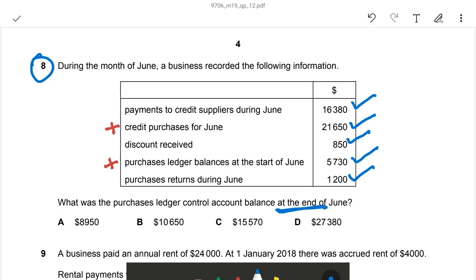So credit purchase increases the amount, and the purchase ledger opening balance we should also add. Minus payment to credit suppliers, discount and purchase return also decrease the amount owed to suppliers. So what is the total amount?